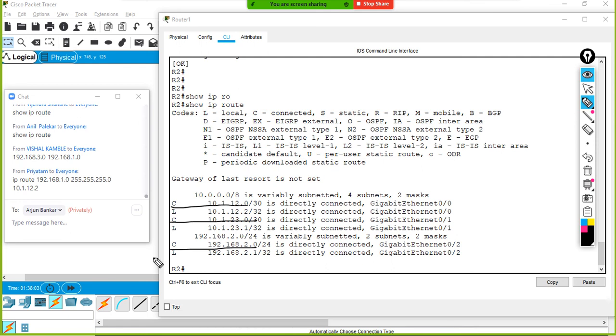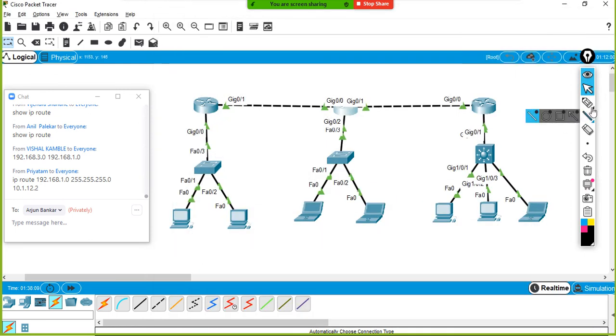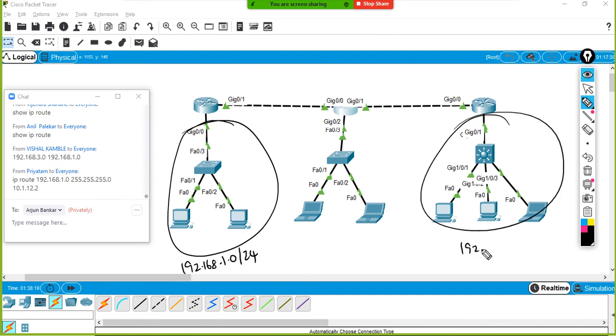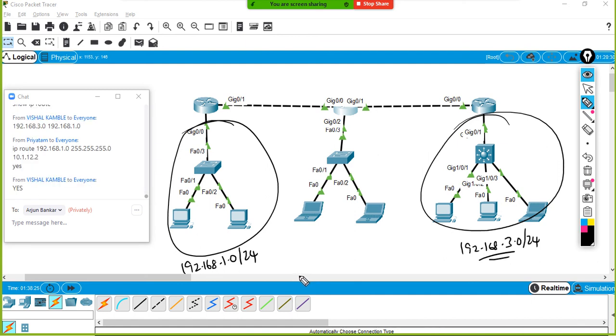Vishal is saying 192.168.1 and 3. These two networks it doesn't know, right, guys? In router 2 it doesn't know about the 192.168.1.0 network, and it doesn't know about the 192.168.3.0 network. Right or wrong? Everyone, agree or not? Okay.